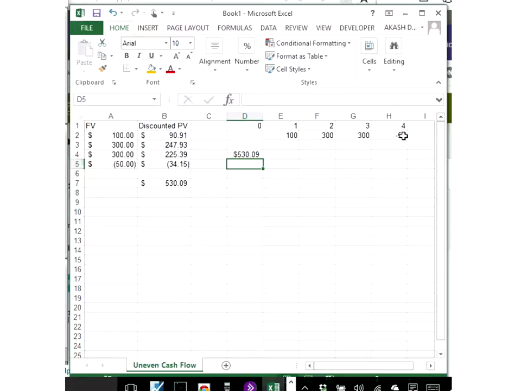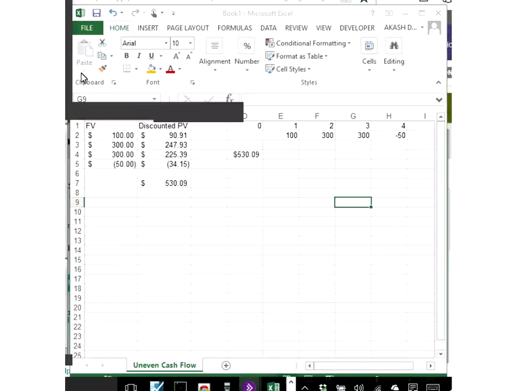So either of the ways is fine. You can calculate by using individual discount rates, calculating like I showed in the first example, or by using a financial calculator, or by setting up a table like this and just calculating simple net present value.